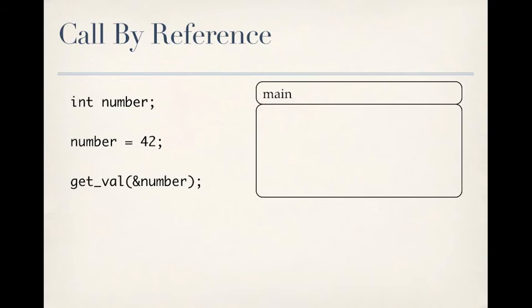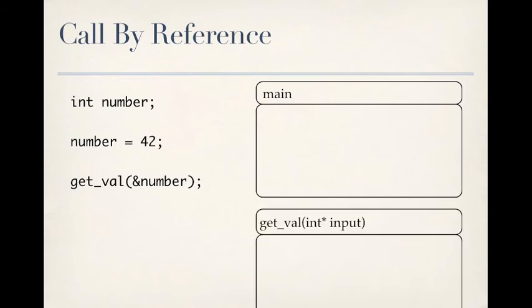So here again we have the main, we have getVal, and here you see the first difference. Here we have an integer with a small star, where we say this is not a real integer, but an address to an integer value, and we call this address input.